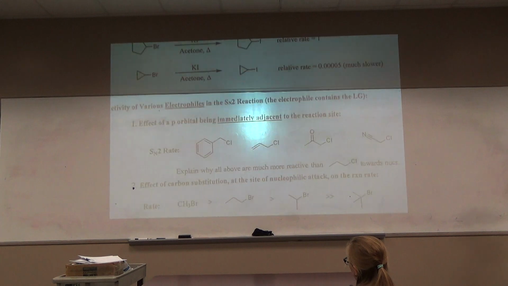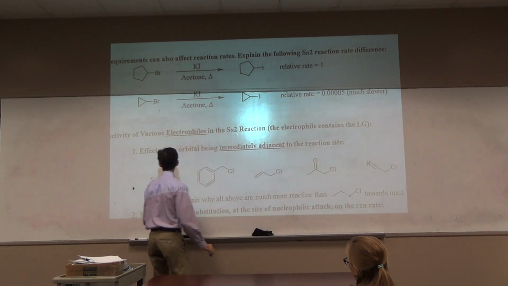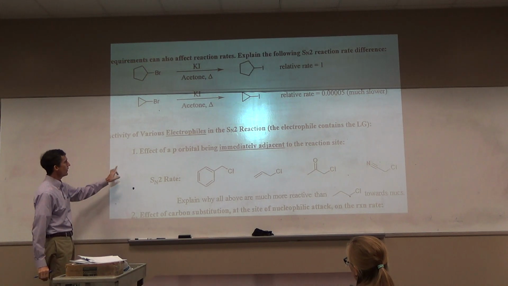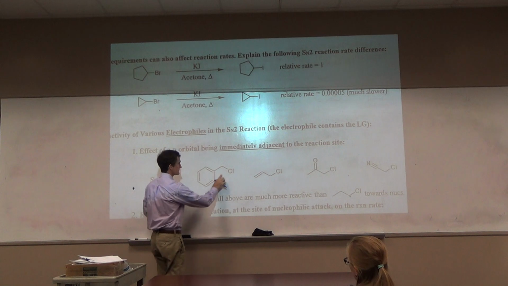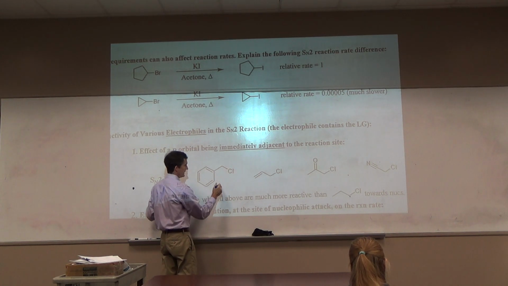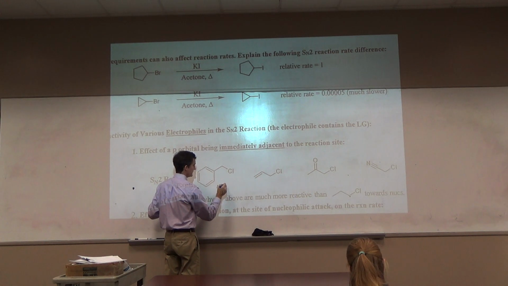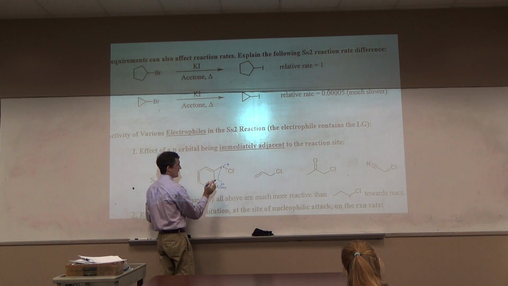So, reactivity of various electrophiles. Things with the leaving group. 1. Effect of a p orbital being immediately adjacent to the reaction site. If you look at the leaving group here, the nucleophile attacks here, kicks off the leaving group.